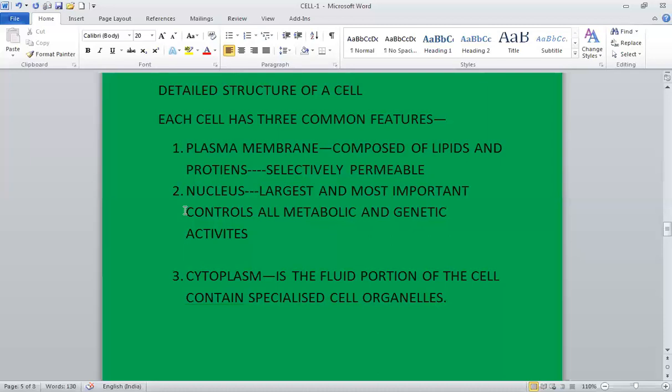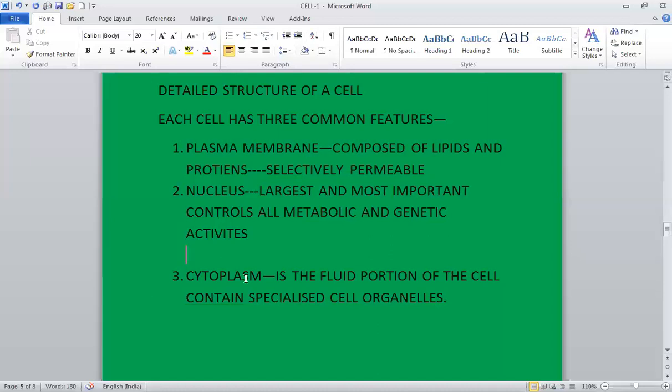It is generally located in the center in animal cells, whereas in plant cells it is at the periphery due to the presence of a vacuole. It is visible as a dark spot, and the nucleus controls all the metabolic and genetic activities of the cell.